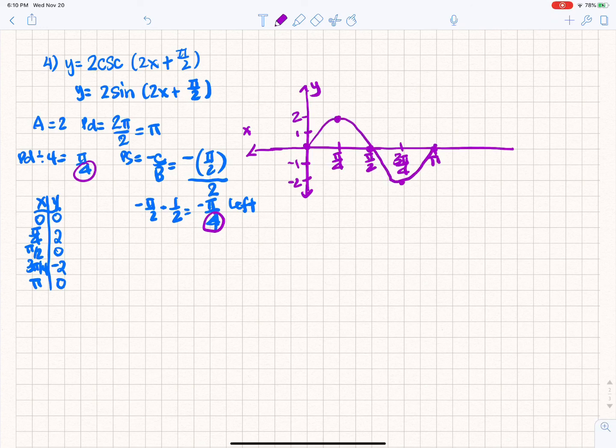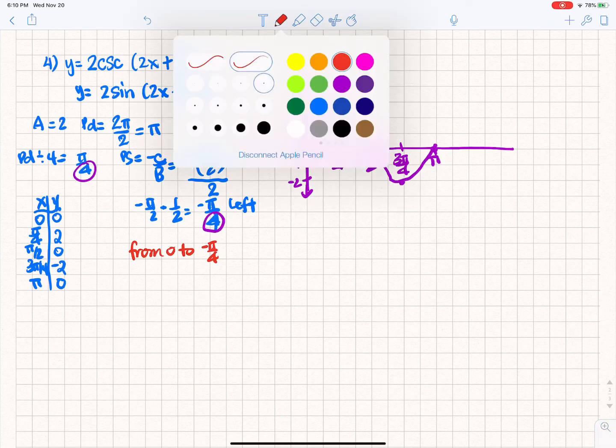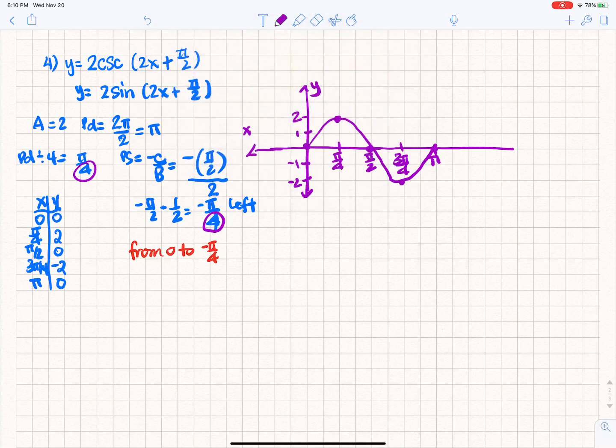Using a different color, we're going to shift from 0 to negative pi over 4. How many times are we shifting? I need a label to the left. Here's negative pi over 4. So we're going to shift each graph one time to the left, because from 0 to negative pi over 4 is one time.